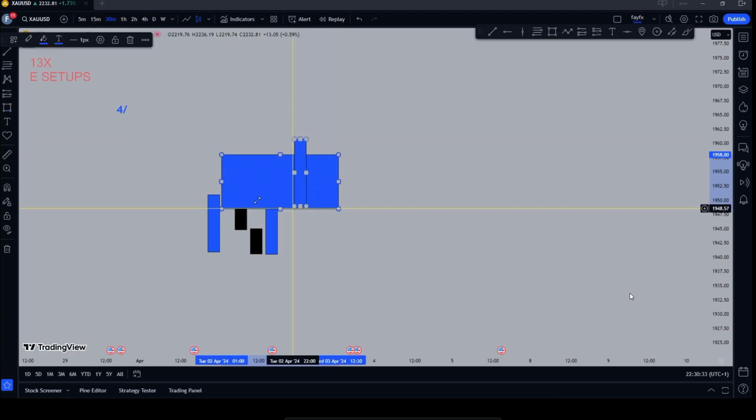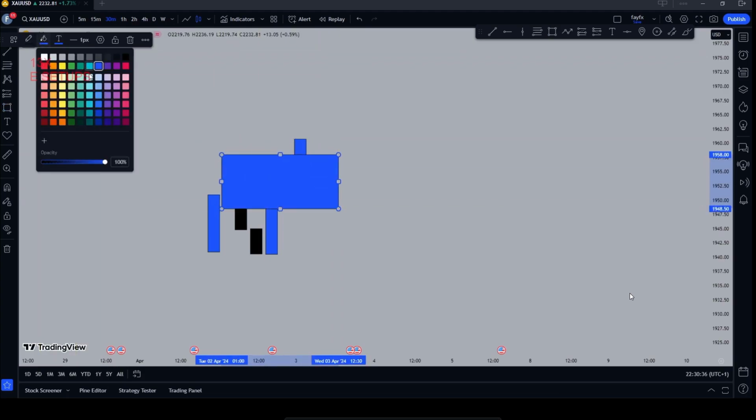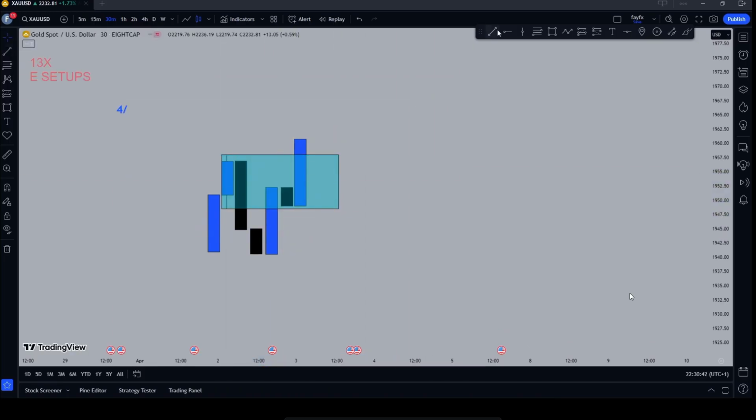Inside this area, another bullish engulfing candle got printed at this same area, the area of the first bearish engulfing candle.